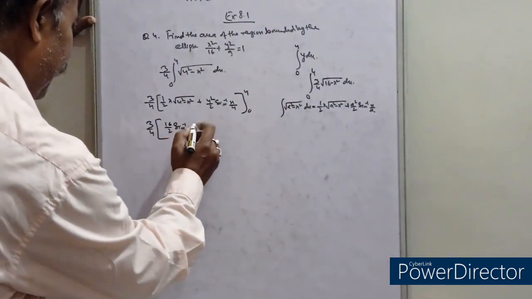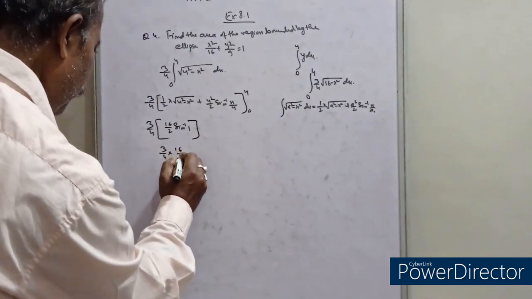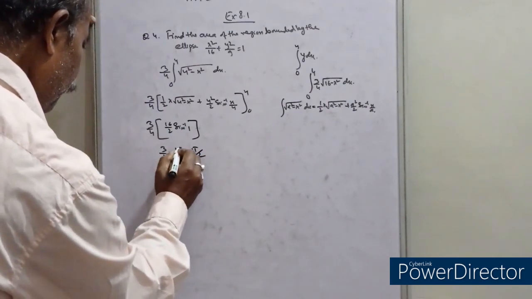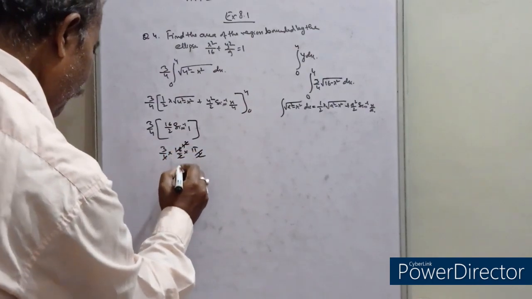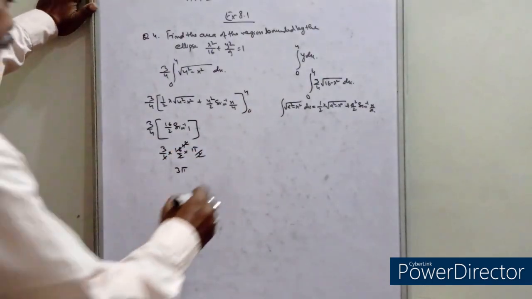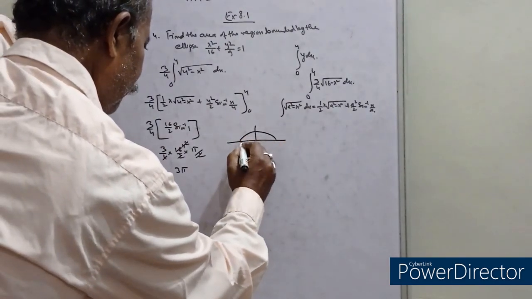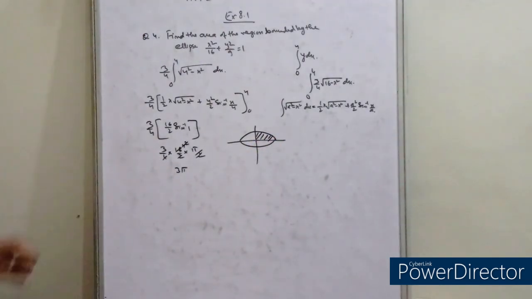So this only remains. This will be 3 by 4 into 16 by 2, sine inverse 1 means pi by 2, so 4, 4, 2, 2 cancels out, 3 pi. This is the ellipse, so the area of this is 3 pi.